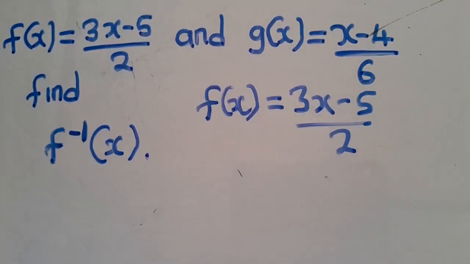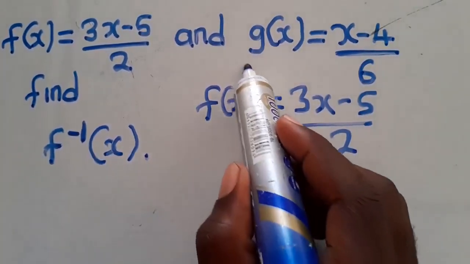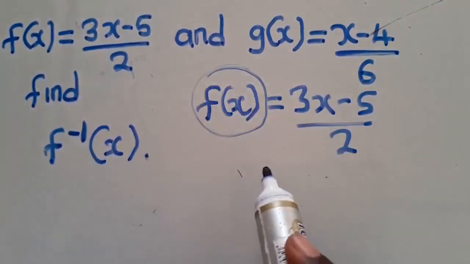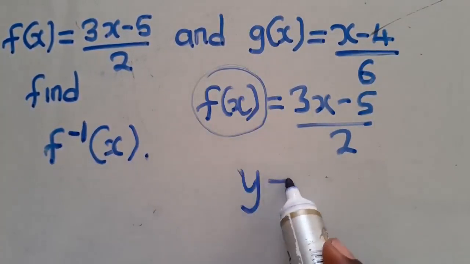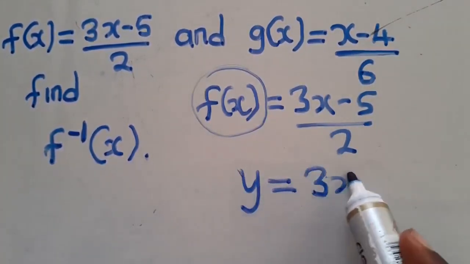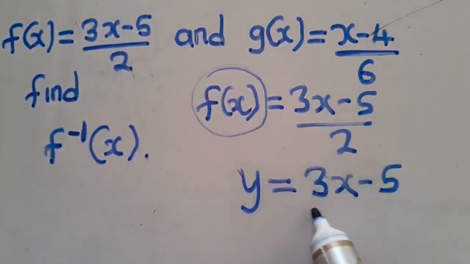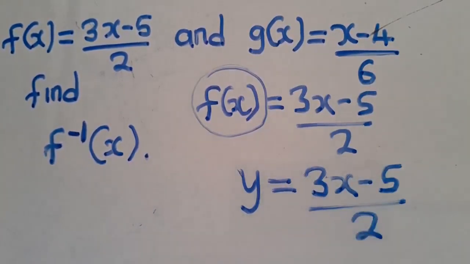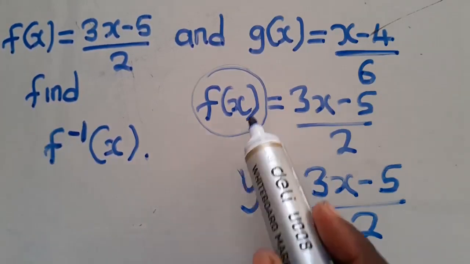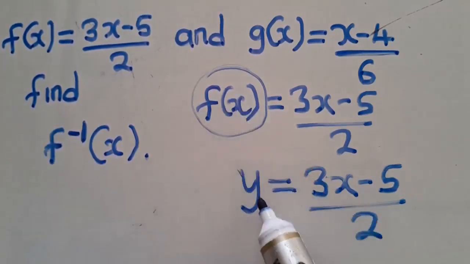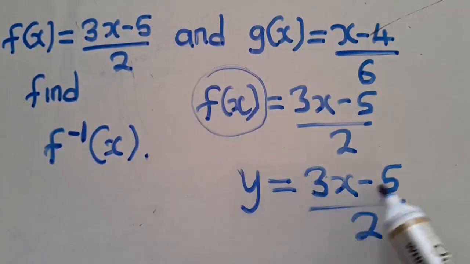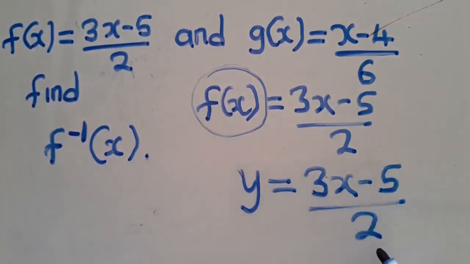Then here where there is f of x, just put y. Y is equal to (3x minus 5) over 2. Have you seen the way I've done? Where there is f of x, I've put y.